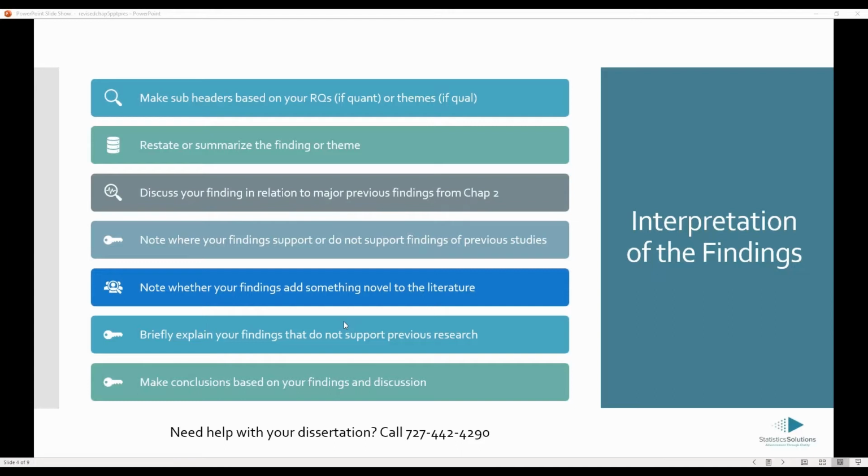And usually when your findings don't align, it's appropriate to briefly explain why you think your findings might not align with the research. Sometimes it has something to do with maybe you studied a different population, or it could be something methodological due to a weakness, or it could be something in the literature that helps you explain something about your study that may have led to different results.